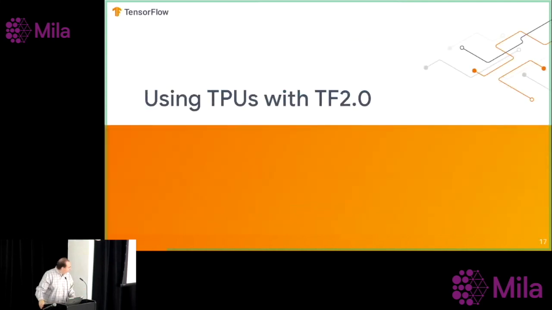So I want to do a brief discussion about how you can actually use TPUs with TF 2.0. The basic idea is around distribution strategies, which we briefly discussed earlier.